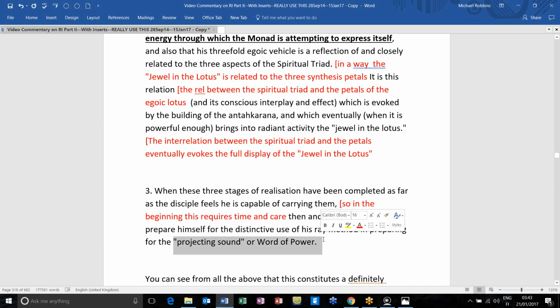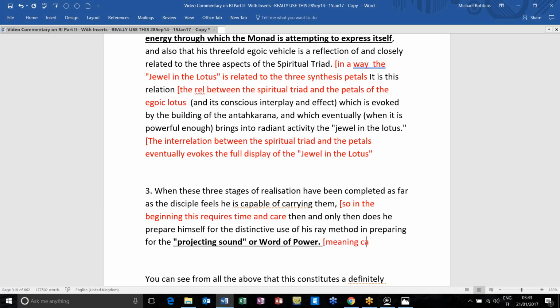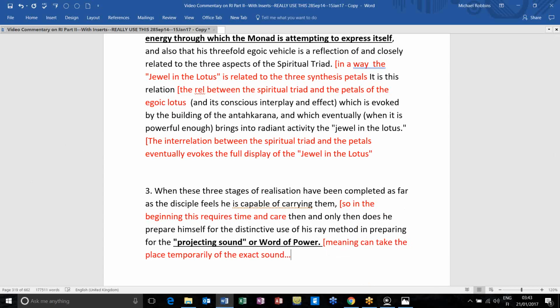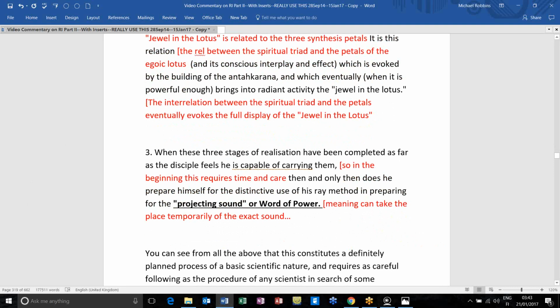I guess we don't have the actual sounds of the words of power, but we have a meaning that can take the place temporarily of the exact sound. Okay. But only when the individual feels he is truly ready and has gone through these phases.